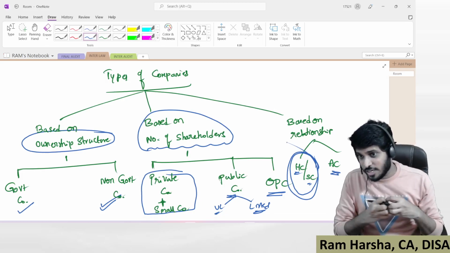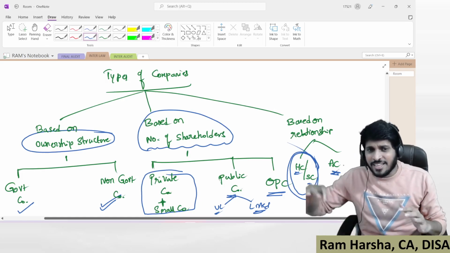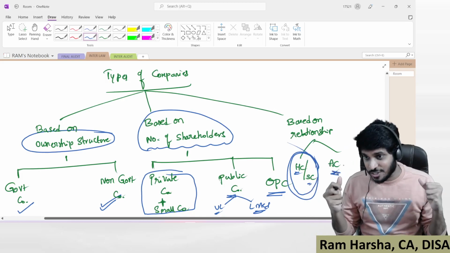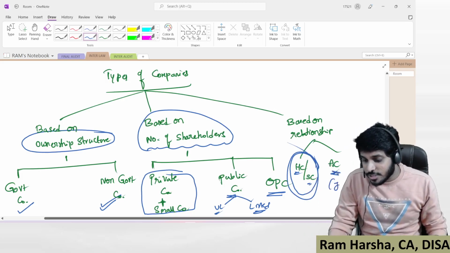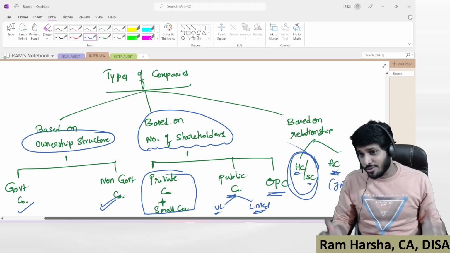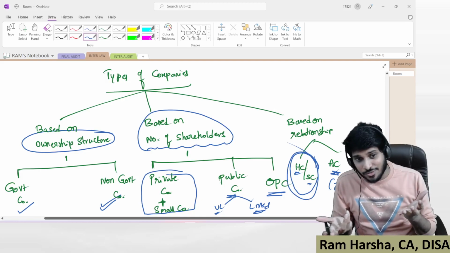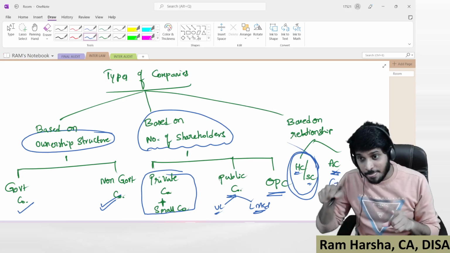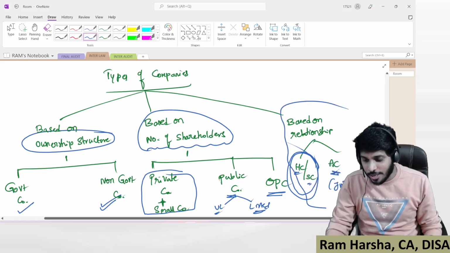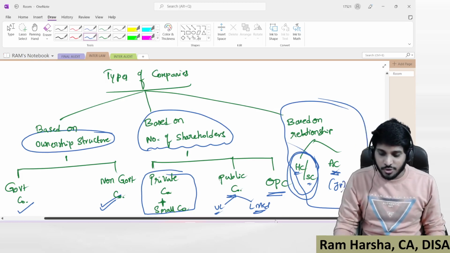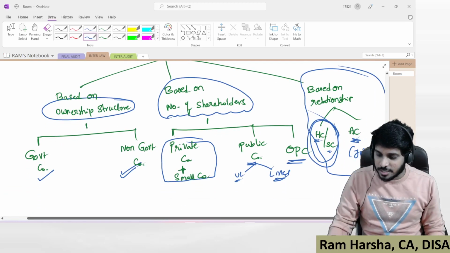Another relationship a company can have is an associate company relationship. An associate company includes a joint venture. Sir, we don't know what an associate company is, and first of all we don't know holding and subsidiary. Don't worry, the next session is exclusively on this. I'll come to that in further discussion.